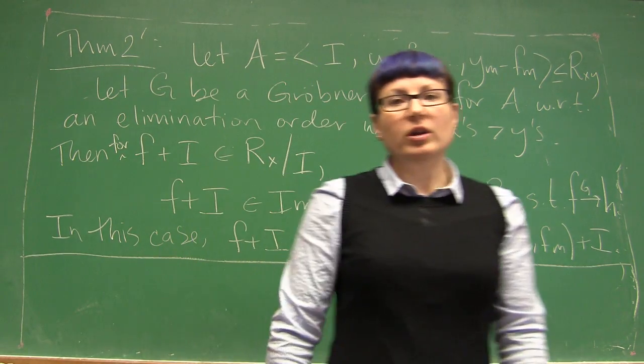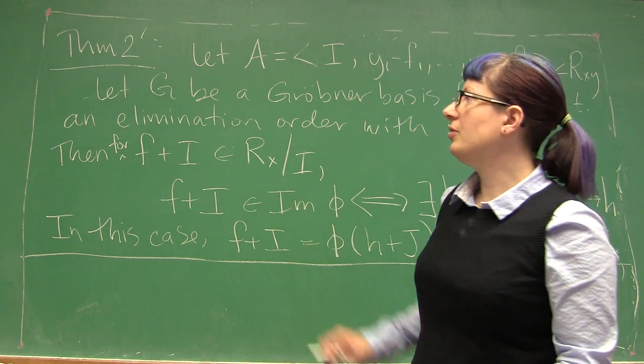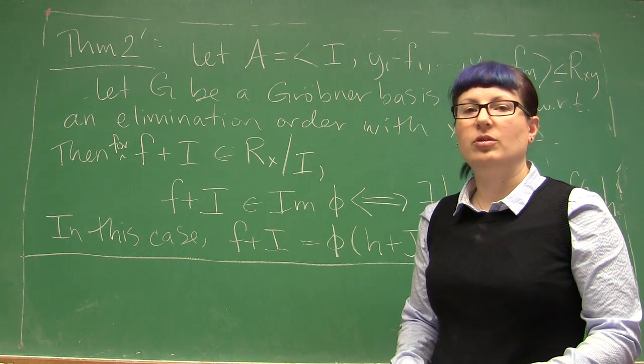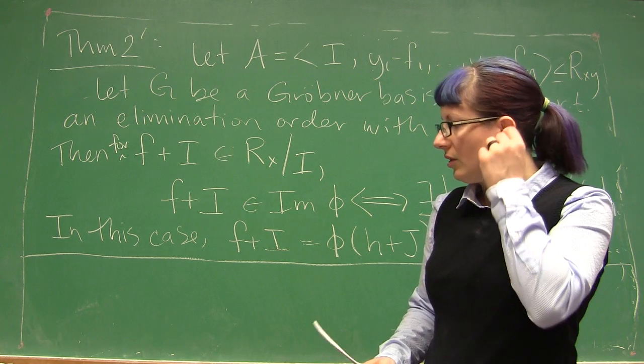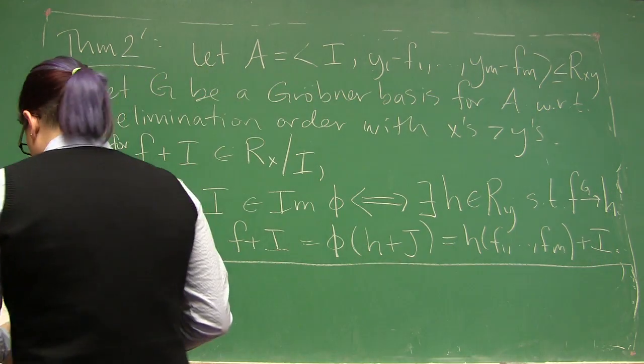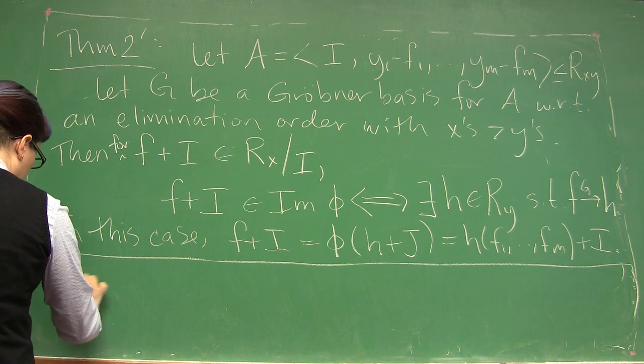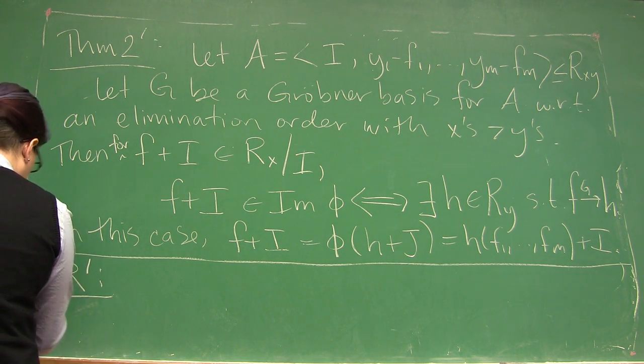As before, we have a corollary of theorem 2 prime in terms of the normal forms. We'll call it corollary prime.